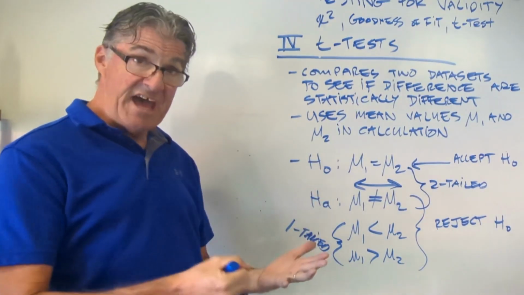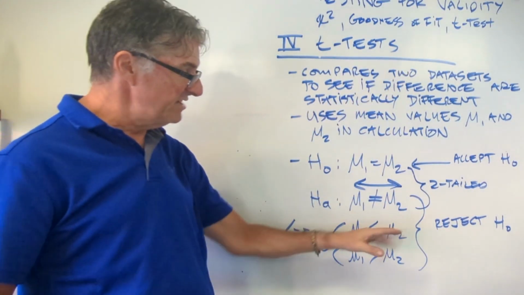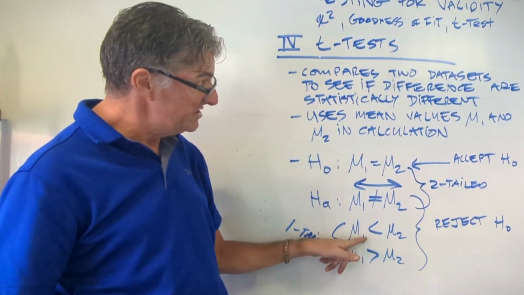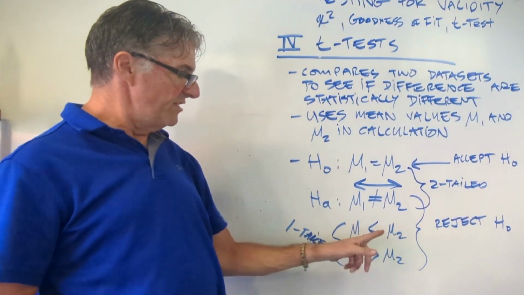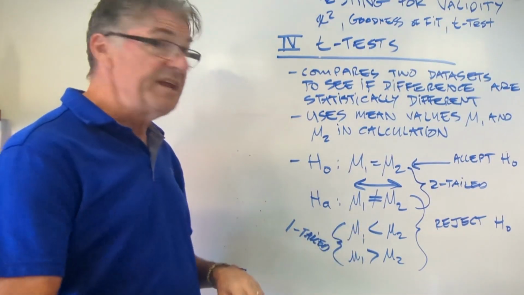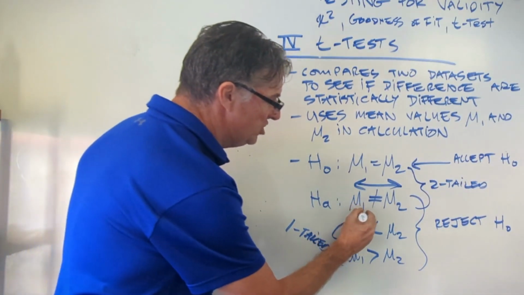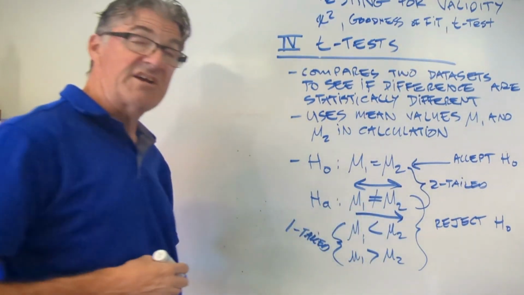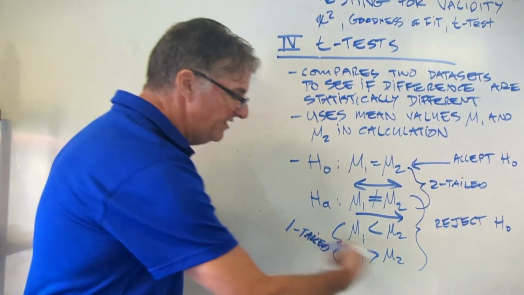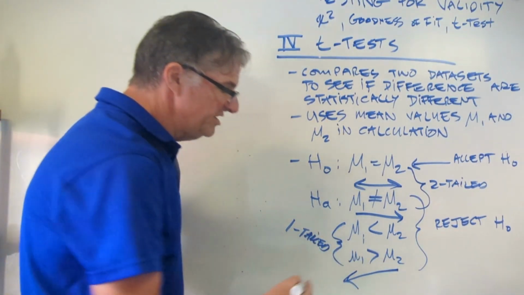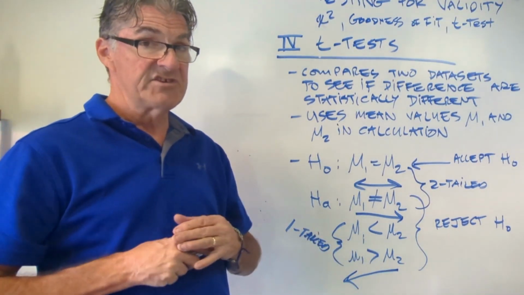So I'm posing that question at the start of my t-test. My hypothesis is that they are better, and my H0 would be that they're equal. And so this one is one-tailed because I'm really just concerned about that direction. And the similar idea goes with this one. It's one-tailed, but in the other direction.